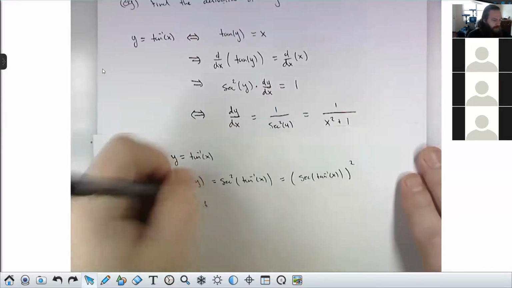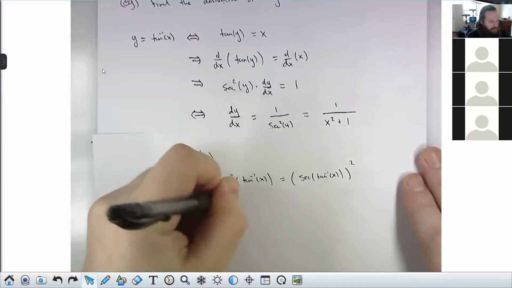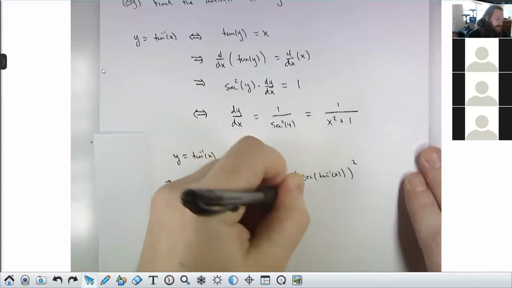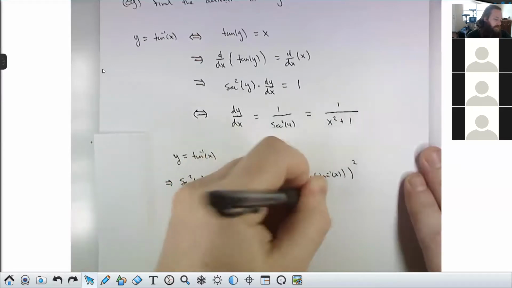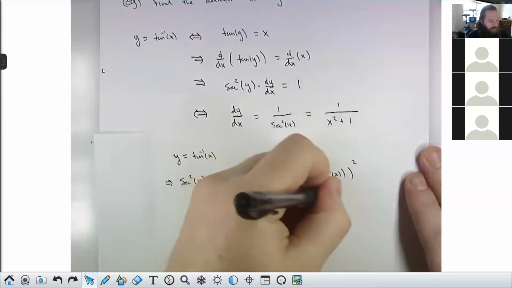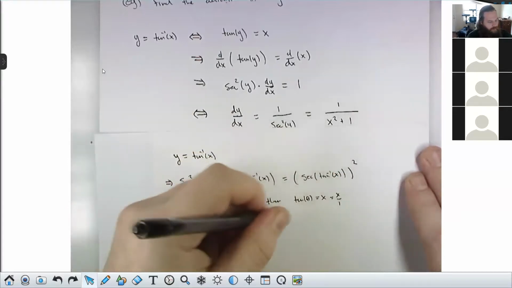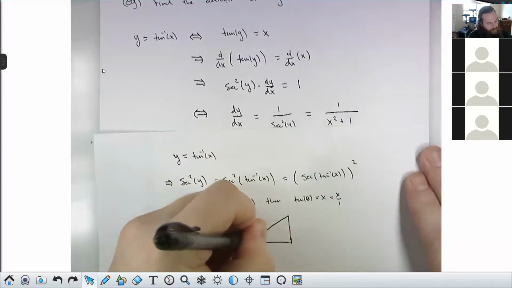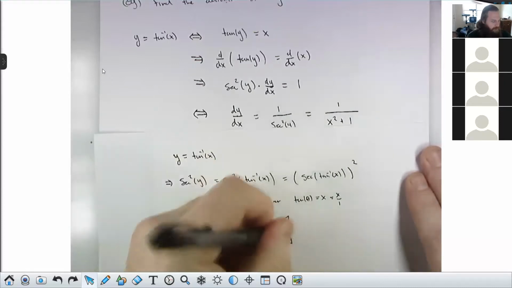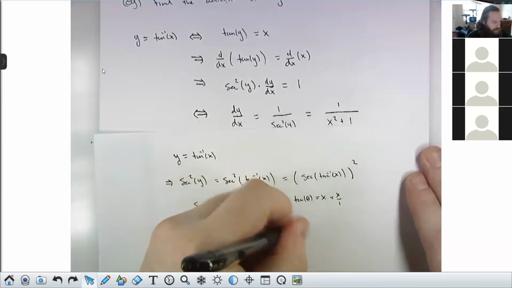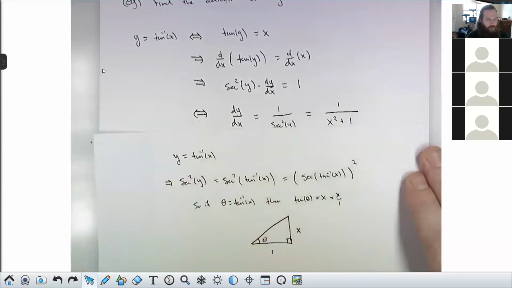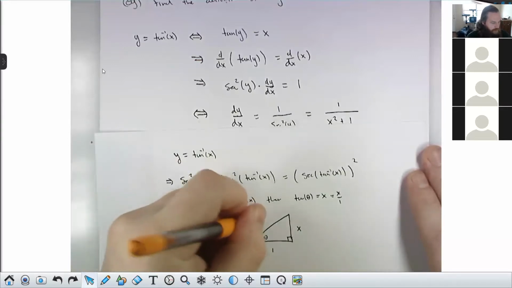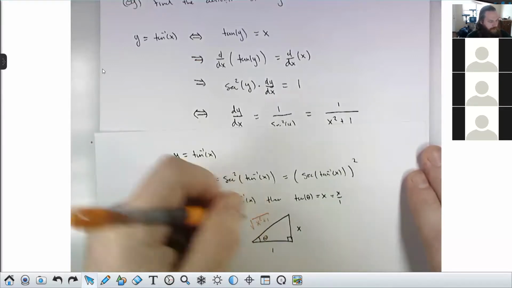So if I call theta tan inverse of x, then tan theta is equal to x, which is x over 1. And I can draw a little triangle. I'll call this theta. This is a 90-degree triangle. Tangent is opposite over adjacent. And then I can solve for the missing side here. The missing side here would be the square root of x squared plus 1 by Pythagoras.